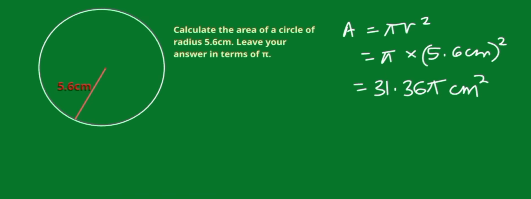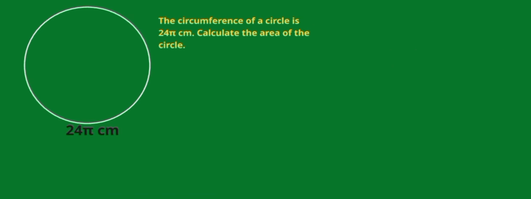Over to the final example, the big one. This is when the circumference is given. So here we are to find the area of a circle given a circumference of 24 pi centimeters. Now when it is the circumference that is given, the first thing to do is to find the radius of the circle by using the relation circumference is equal to 2 pi the radius.